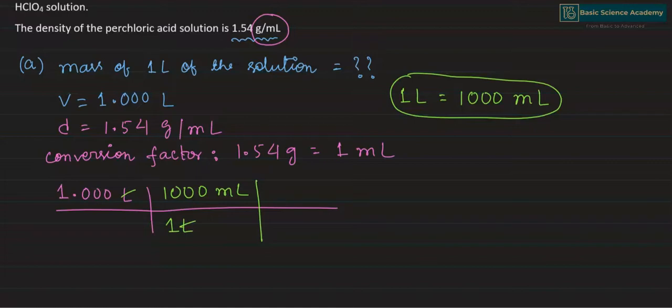Now we will use the density to find the mass of the solution. Since we have to cancel ml, we have to keep 1 ml in the denominator and 1.54 gram in the numerator. Now ml will cancel out to give the mass of the solution in gram.